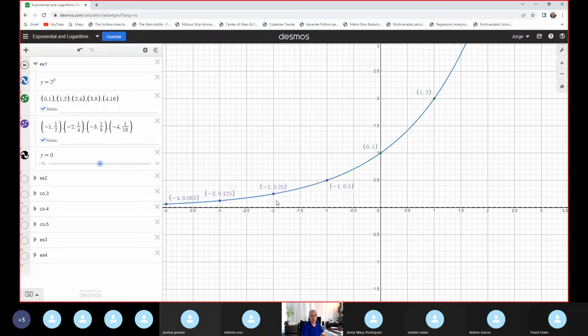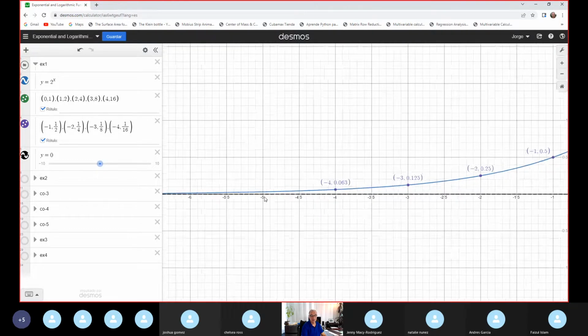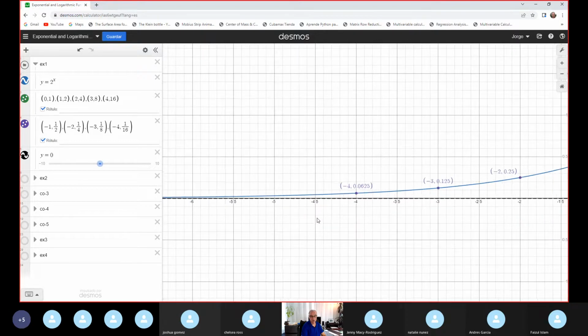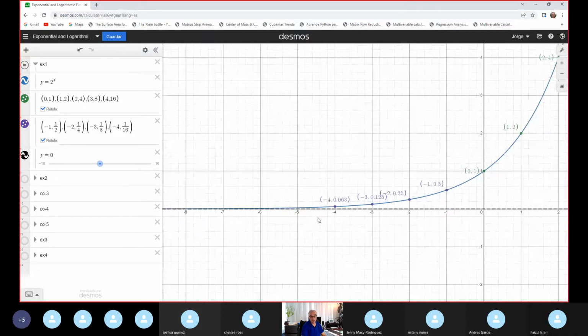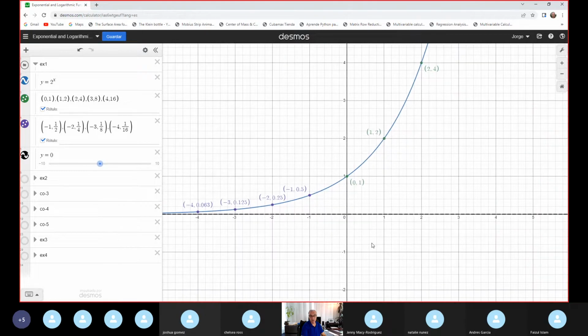And you see how it's decreasing, but it asymptotically approaches the x-axis, but never touches. That means that this exponential that we study now has the horizontal asymptote at y equals 0. Cool.